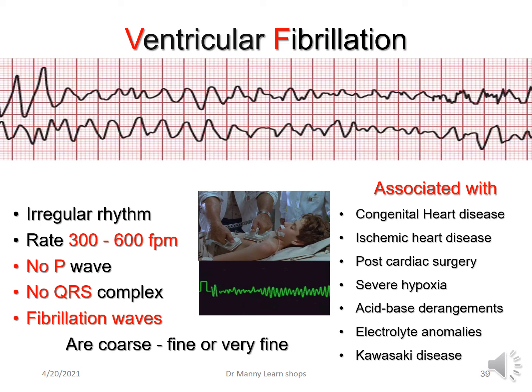Sometimes they can be even very coarse. And they're associated with all the things that we mentioned previously: congenital heart disease, ischemic heart disease, post-cardiac surgery, severe hypoxemia, acid-base derangements, electrolyte anomalies, and Kawasaki disease, and many other things.